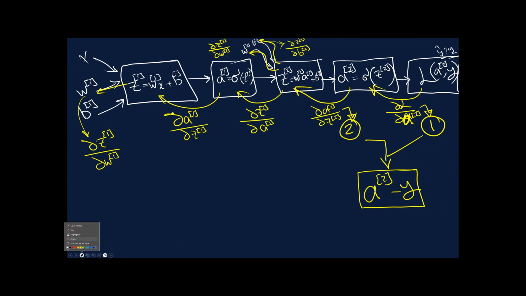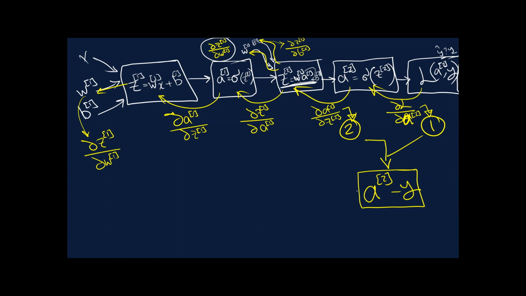Okay, so we have this quantity here, and we now need to multiply it by the derivative of that. So it's the derivative of z with respect to w2, so the derivative of z2 with respect to w2. So this would give us a1.